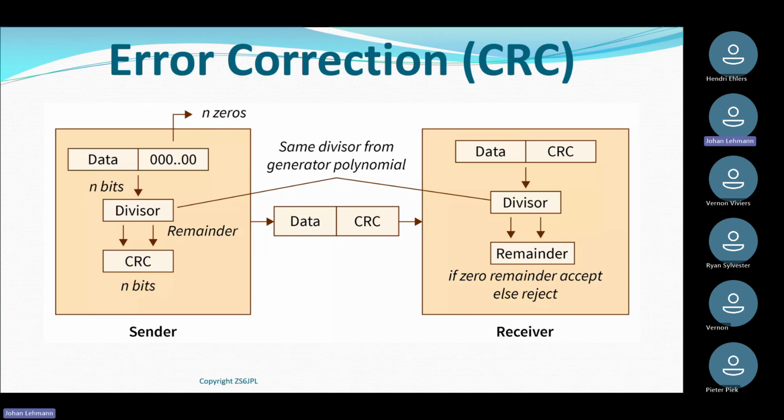The receiver then strips off the CRC and puts the data through the same mathematical equation or polynomial, as they call it, and checks if all the data has arrived and seems to be in order. That's all it does.